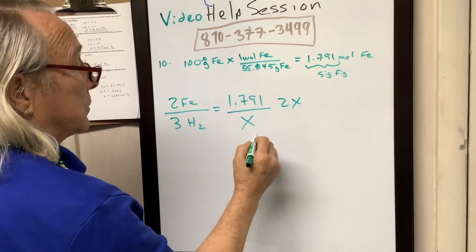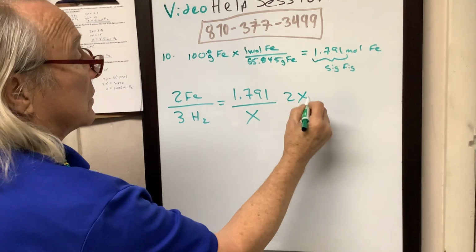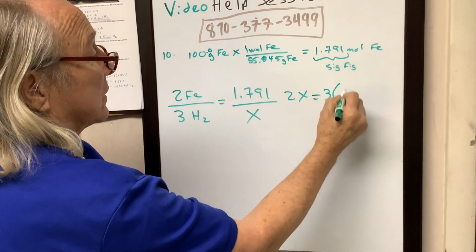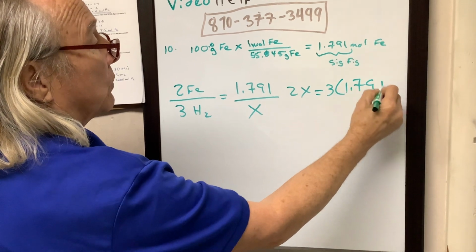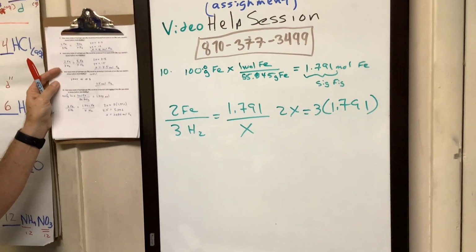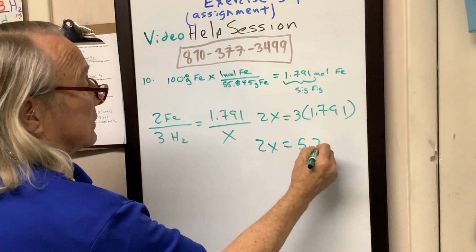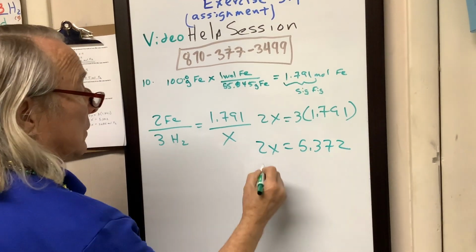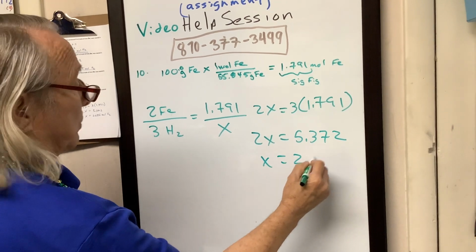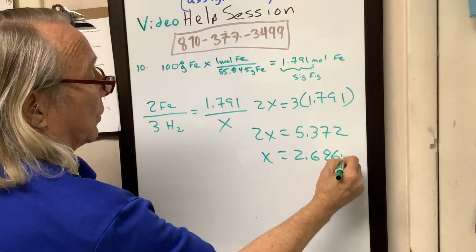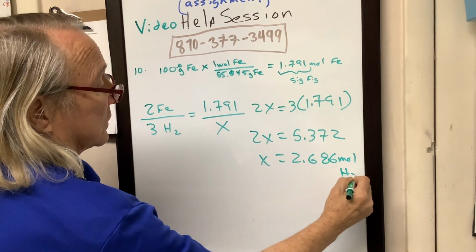Cross multiply: 2x equals 3 times 1.791, and solve for x. 2x equals 5.372, so x is equal to 2.686 moles of hydrogen gas.